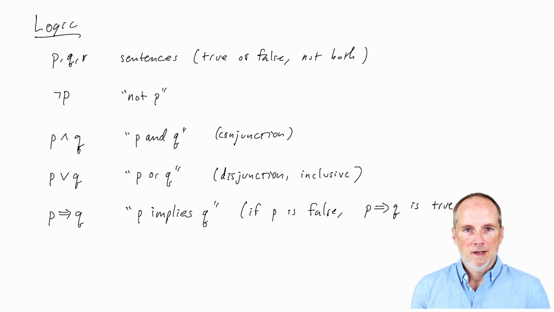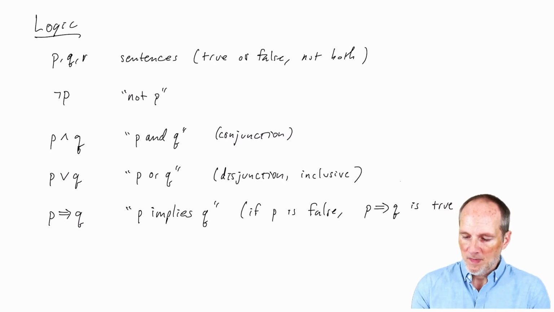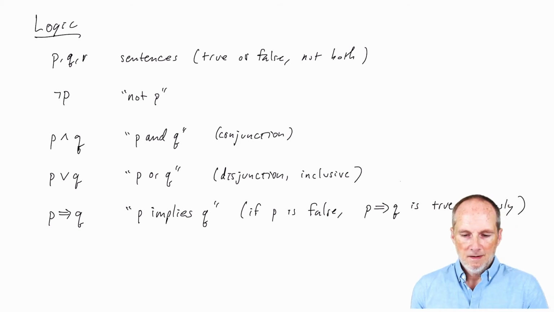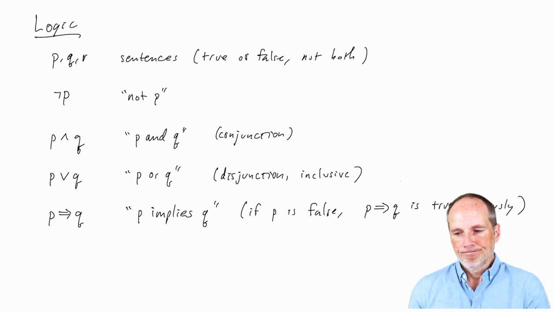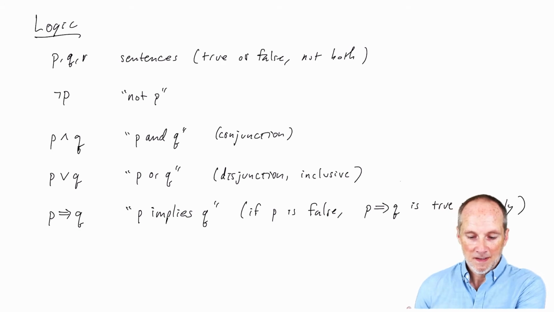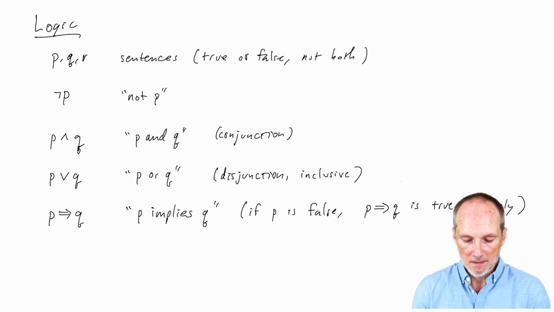It's not true in an interesting way. We say it's true vacuously. And if that seems weird to you, that does not lead to any sort of weird consequences. It's just a convention that we use to make that statement precise.